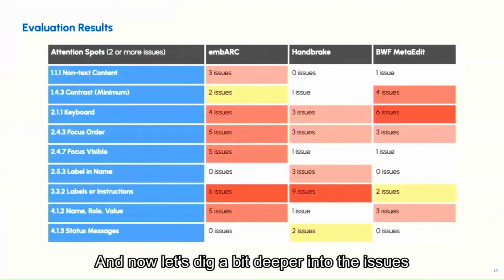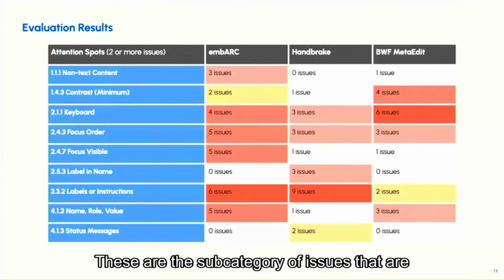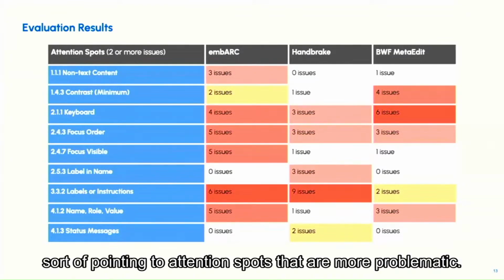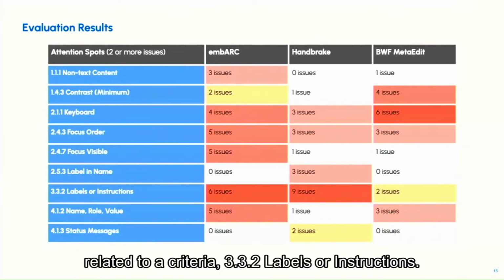And now let's dig a bit deeper into the issues and their violations of WCAG 2.1 success criteria. These are the subcategory of issues that are pointing to attention spots that are more problematic. For example, you can see a concentration of issues related to criteria 3.3.2, labels or instructions.